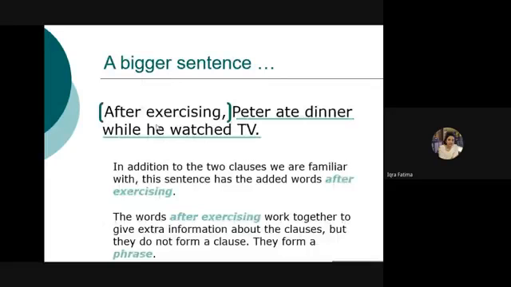Now, again, we can see in this example, after exercising, Peter ate dinner while he watched TV. So, we learned some basic structures of sentences. Now, we are learning how complex a sentence could be.